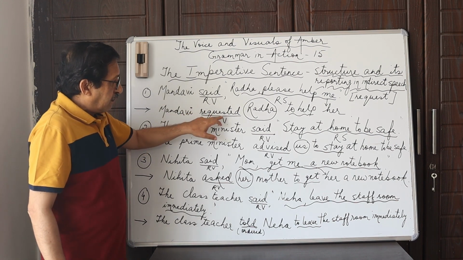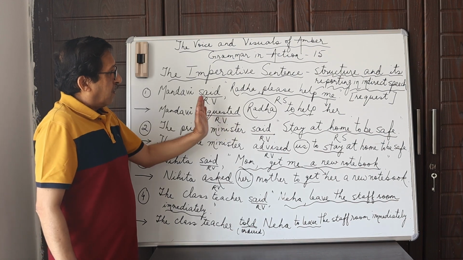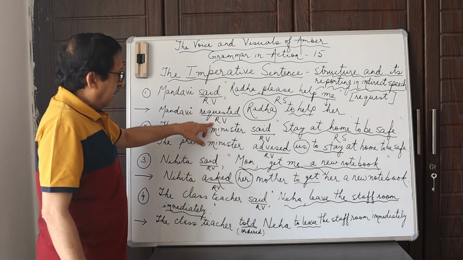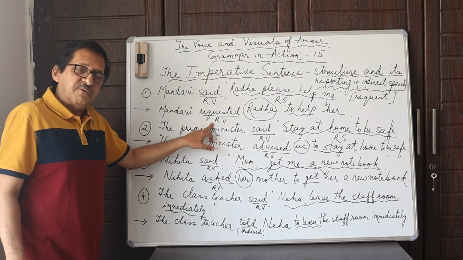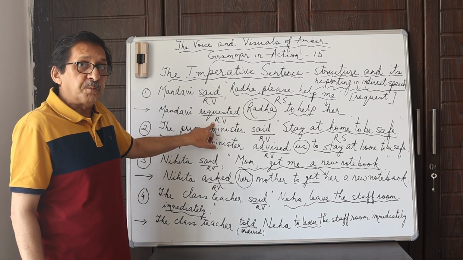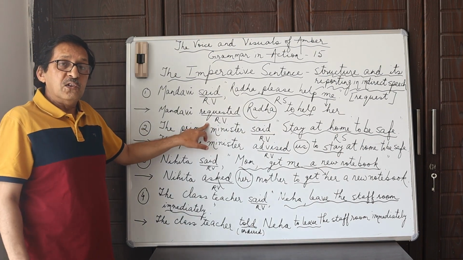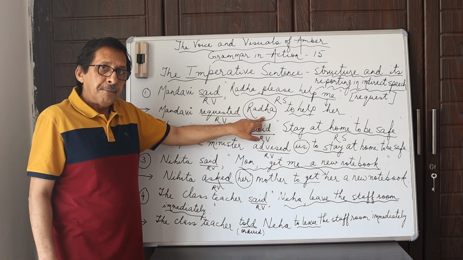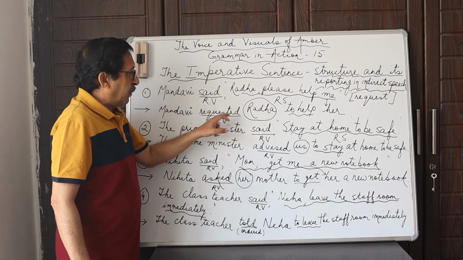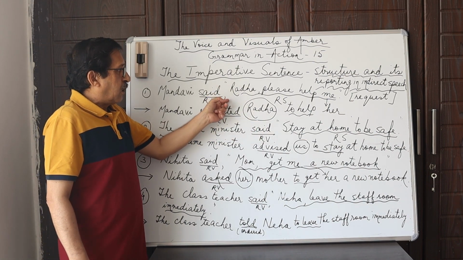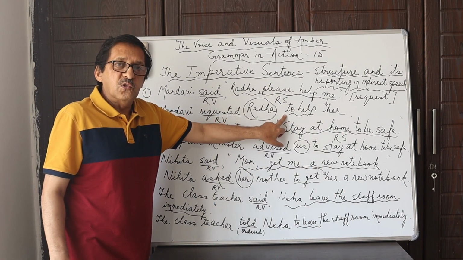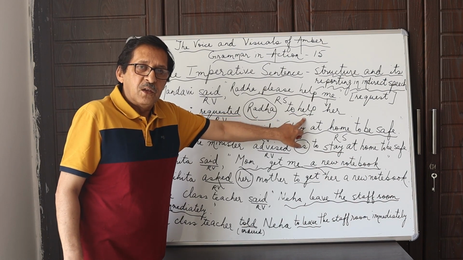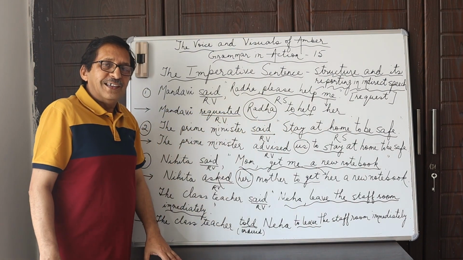So Mandavi requested. Now, whenever we use these introducing verbs or the reporting verbs in imperative sentences, it's always followed by the person being spoken to. That means it has to be used transitively. Mandavi requested who? Radha. So Mandavi requested Radha, and then we remove the comma and the inverted commas by just using what is known as the infinitive. That is to plus the first form of the verb together is called the infinitive.